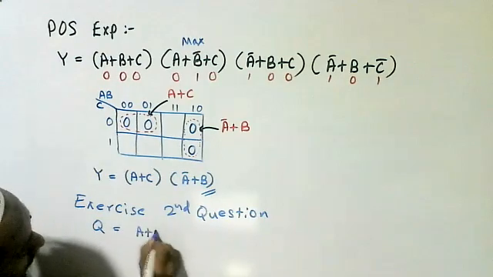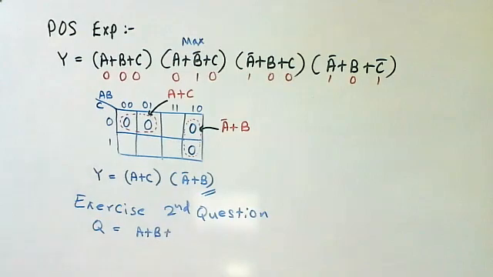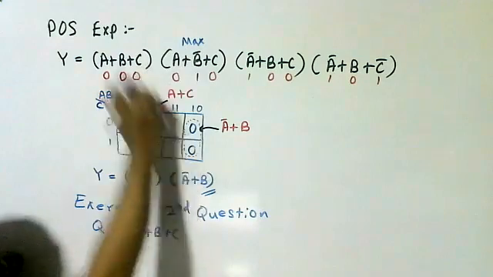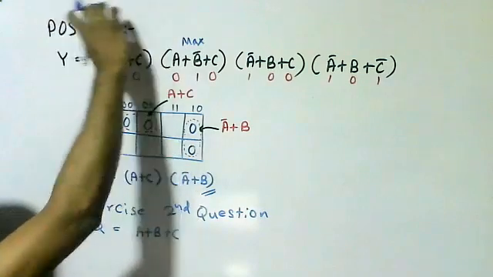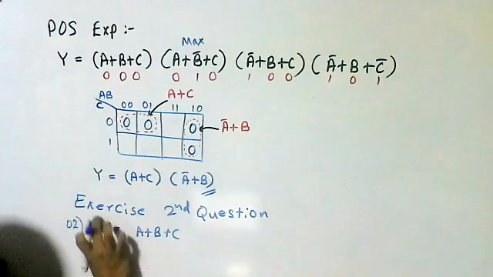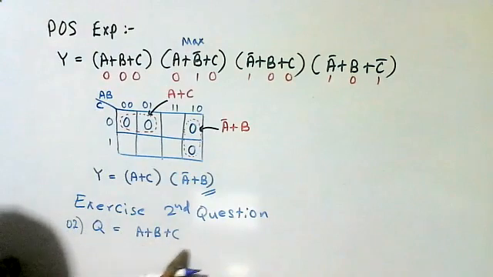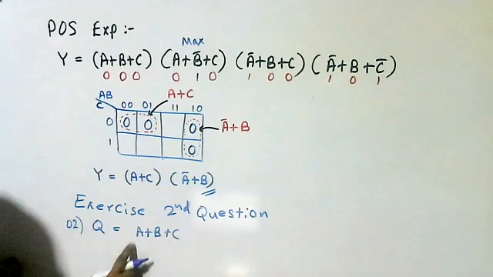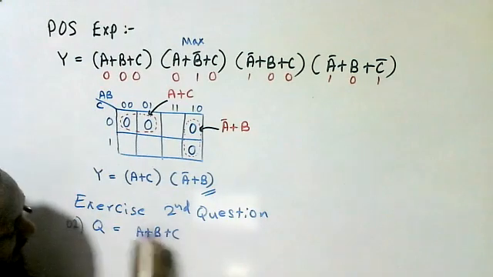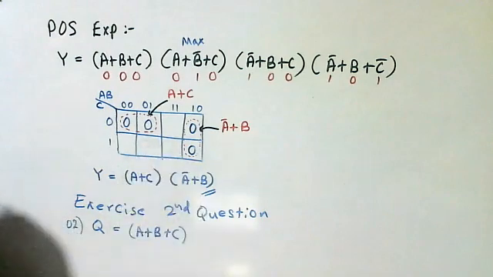A plus B plus C. So you have to write down this POS expression and simplify it. This is an exercise we already did. That means we already simplified this using Boolean algebra laws. Now you are going to simplify this using a Karnaugh map, right?